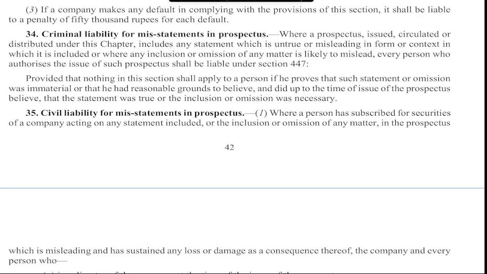Next point, point number C: Omission of any matter, whatsoever remote, shall make the prospectus misleading. Whatsoever remote means whatever small thing it is, remote means negligible.